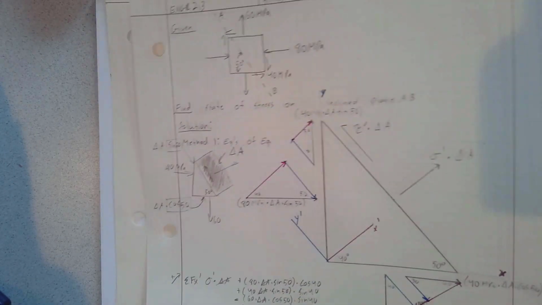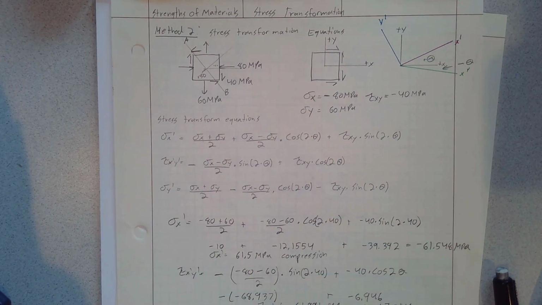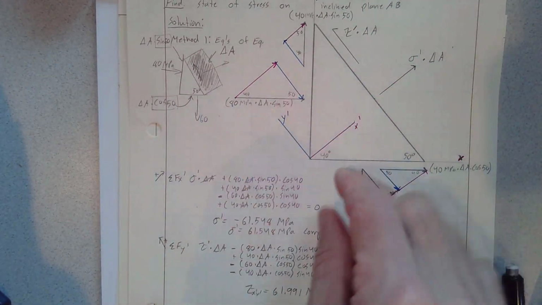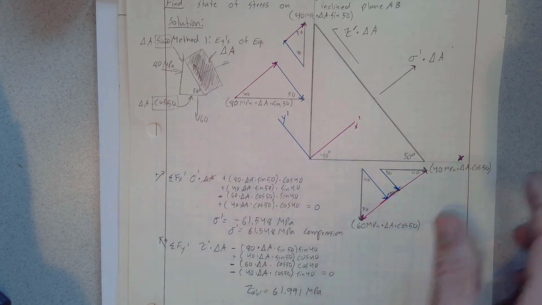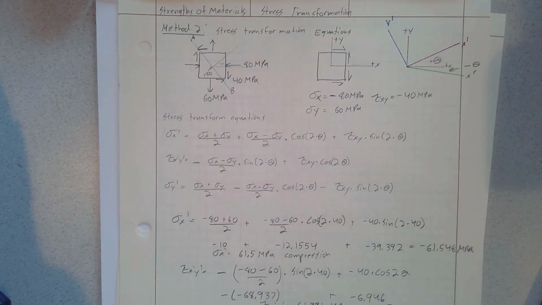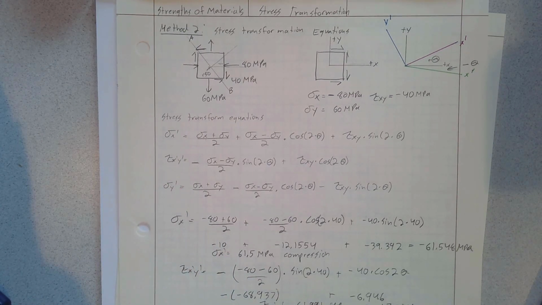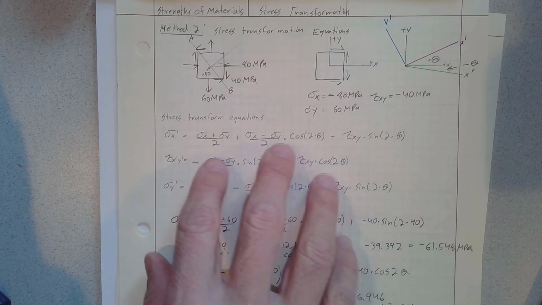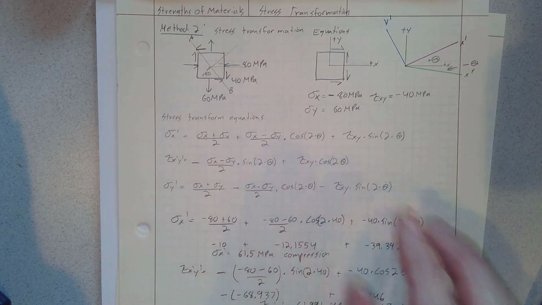So pretty time consuming. Then we also looked at the general stress transformation equations that take this concept and use trig identities to develop equations that can lead us straight to sigma prime and tau prime. So that's these 3 equations here that we used. You can find the rotated stresses or the transformed stresses at any arbitrary plane or angle of rotation.